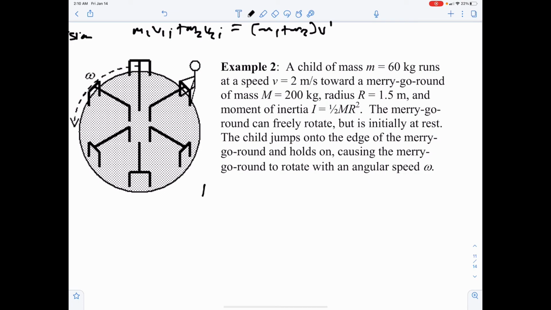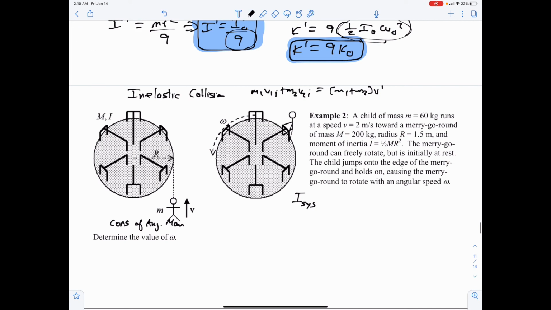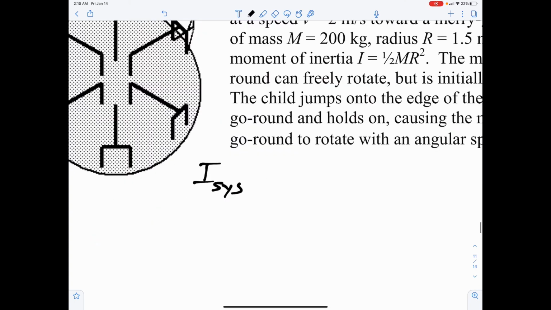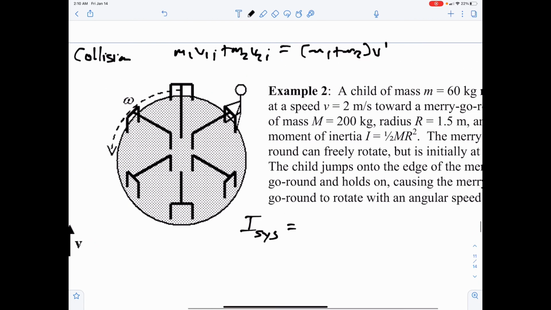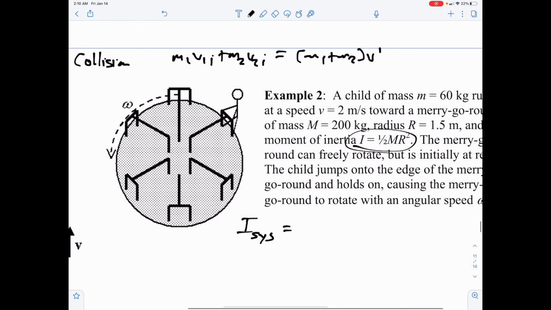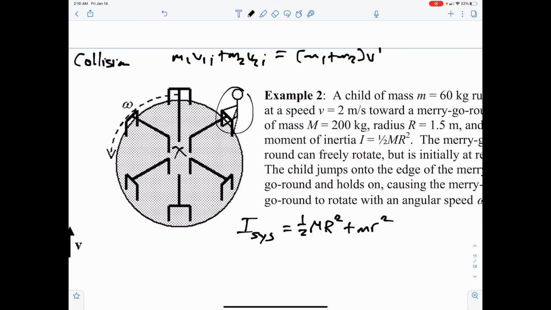And so the total rotational inertia of the child merry-go-round system is going to be, now the merry-go-round itself has a rotational inertia of 1/2 mr squared because it's treated like a disk. The child, however, is a particle rotating about that middle point. So we're going to go 1/2 MR squared for the merry-go-round plus little mr squared for the child.